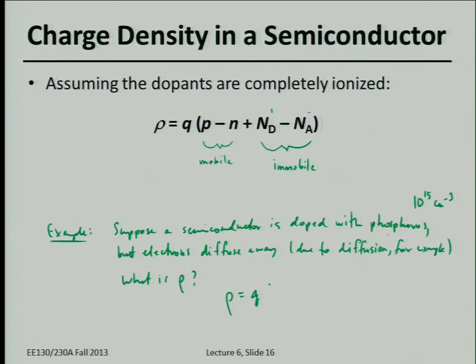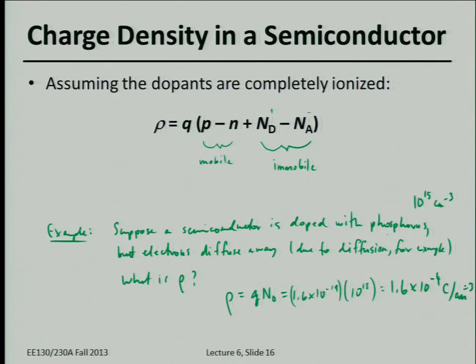So Q times N sub D, that's right. So it's 1.6 times 10 to the minus 19 times 10 to the 15 per centimeter cube. So this is 1.6 times 10 to the minus 4 coulombs per centimeter cube. Okay? That's a simple example.